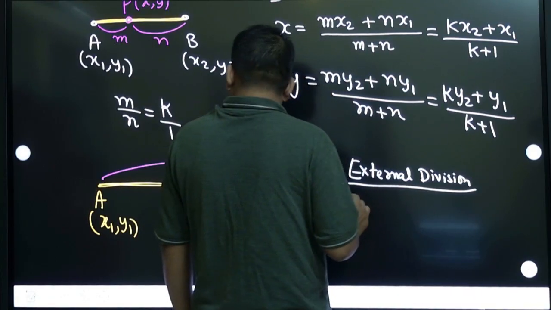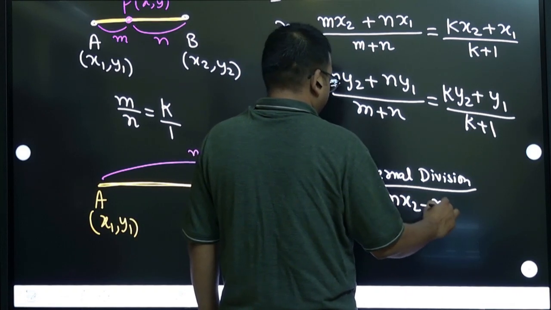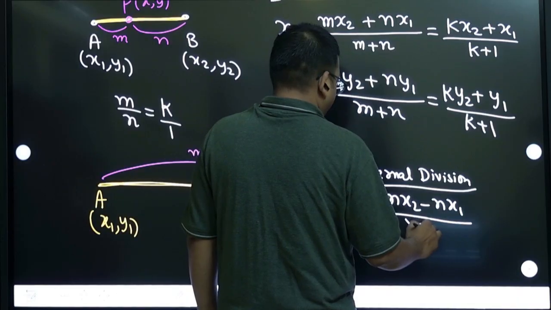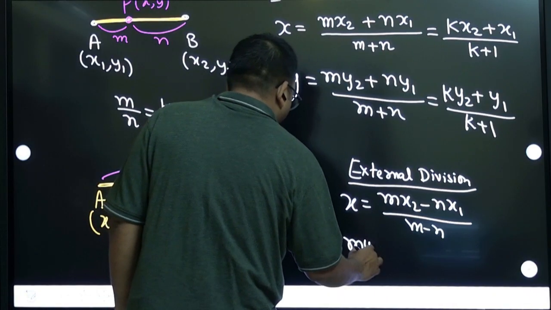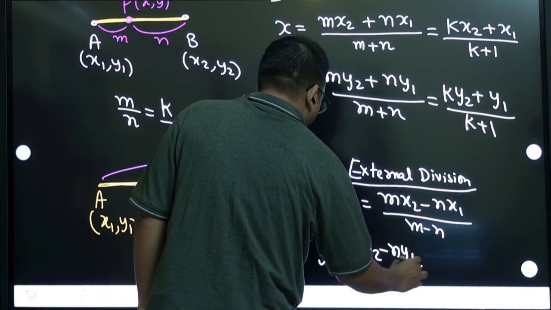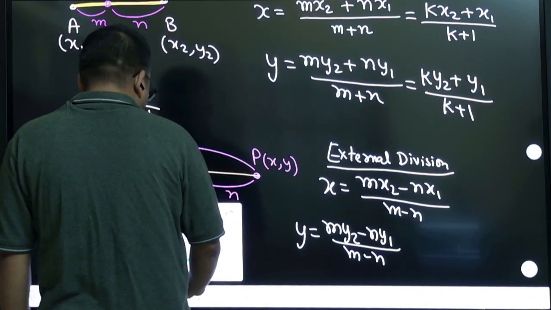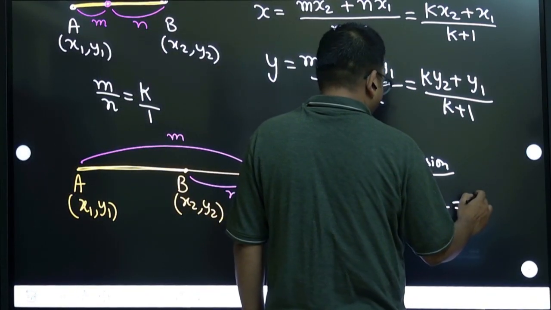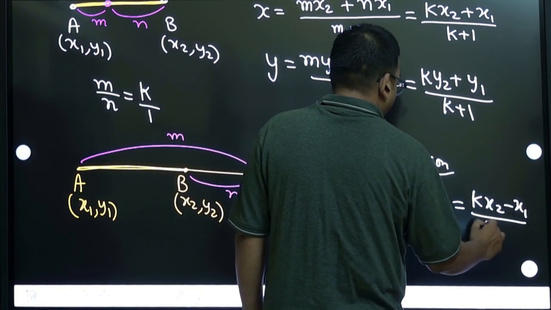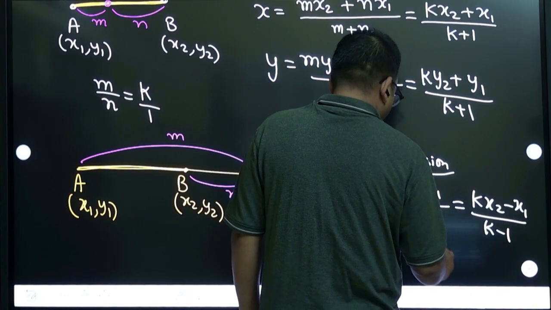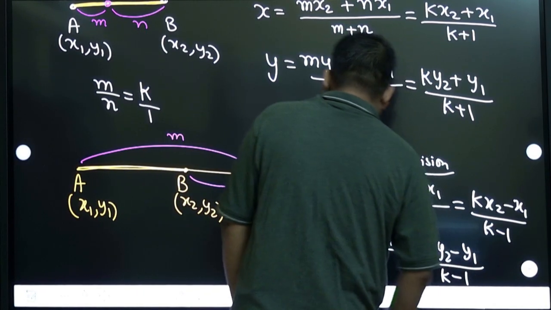So for external division, x can be written as mx2 minus nx1 by m minus n, and y can be similarly written as my2 minus ny1 by m minus n. The same way, we can write this in terms of k is to 1: kx2 minus x1 by k minus 1, and ky2 minus y1 by k minus 1.